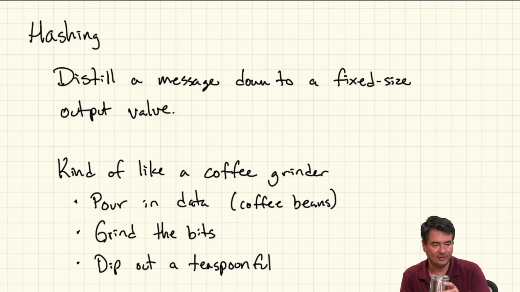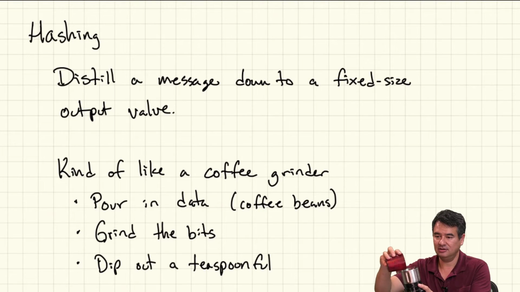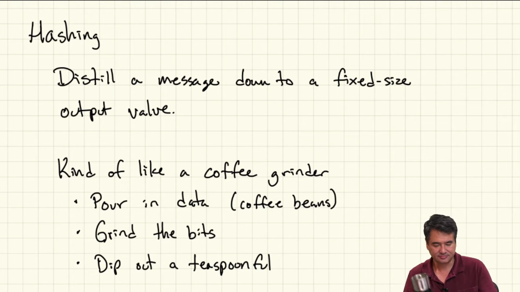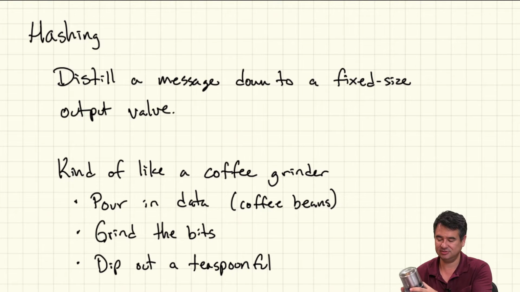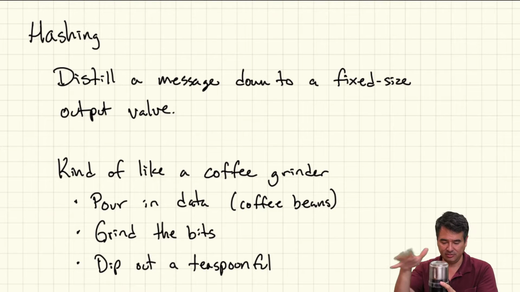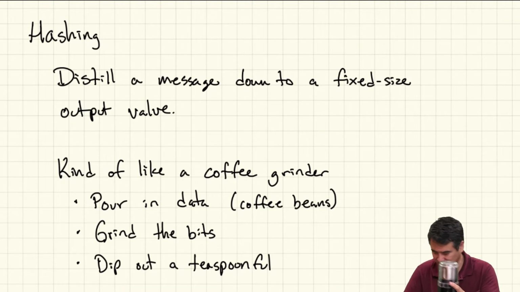I have cereal. So you take your coffee grinder, pour in some data, turn it on, so grind it all up. Excuse me, it's probably going to be kind of loud. Okay, the bits have all been ground up now, and some dust has flown around, so I've got dust on my computer here.